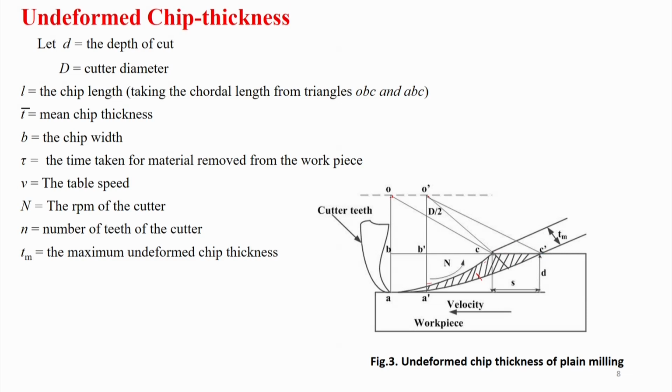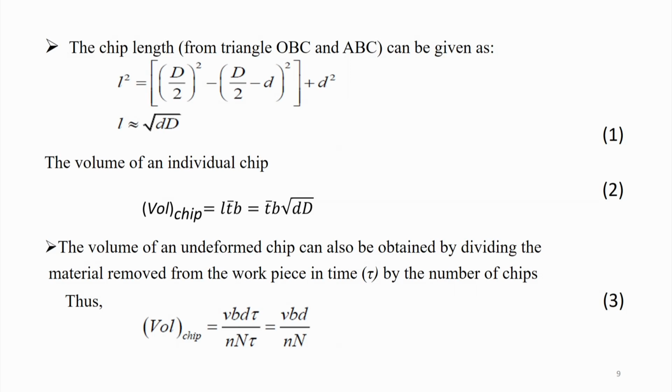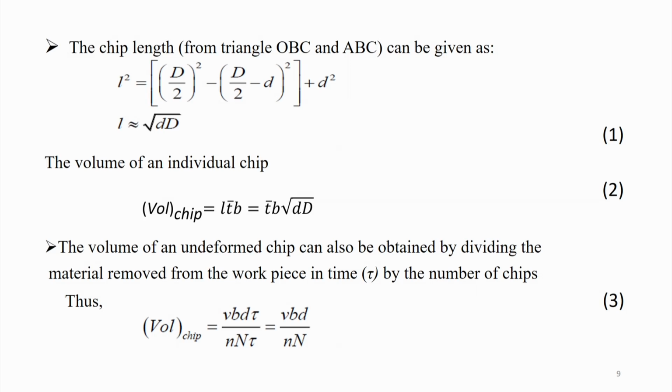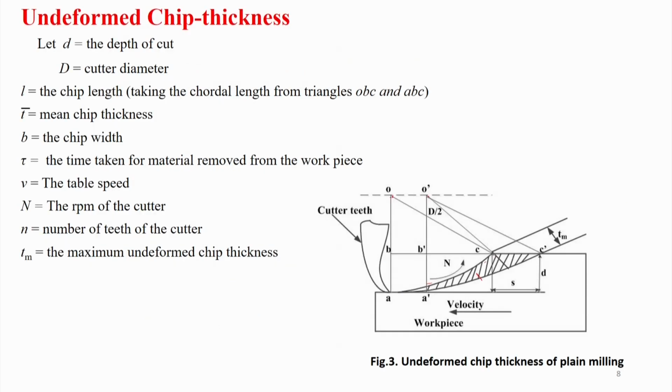Now, let us see the chip length from triangles OBC and ABC. Suppose this is L square, that means AC square. So, that is D by 2 square, because that diagonal is D by 2, minus this thing.